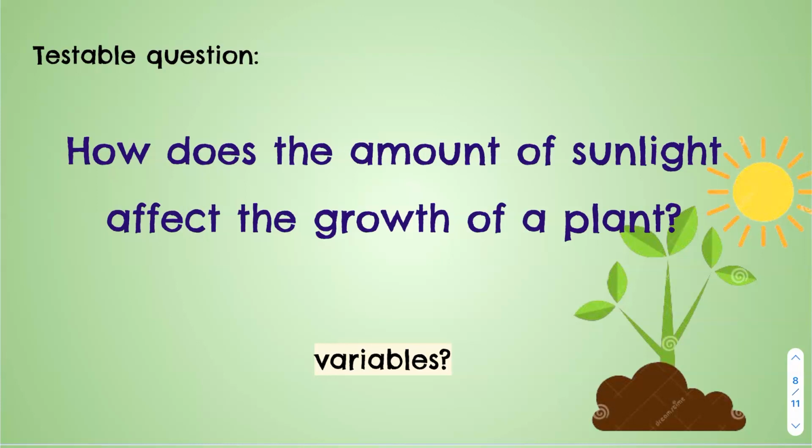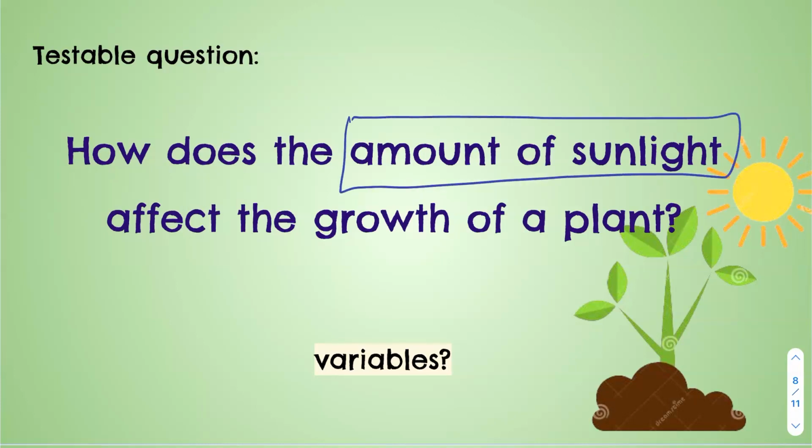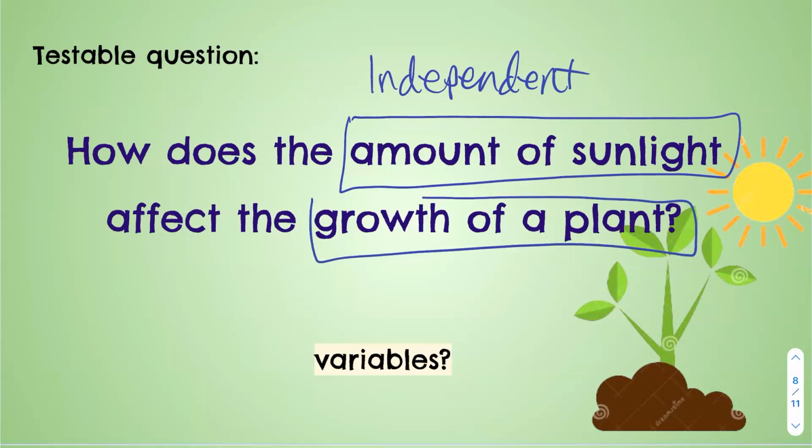Well, for this experiment, I would have to change the amount of sunlight. And then what I would measure would be the growth of the plant. So that is the dependent variable. Okay, so the growth of the plant depends on the amount of sunlight.